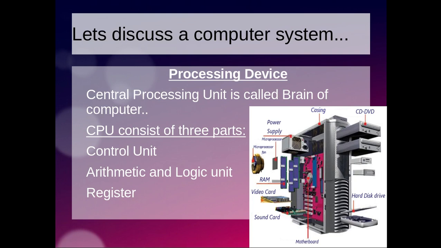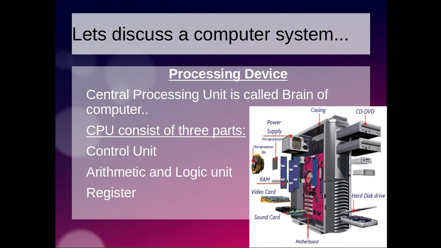Next one is processing devices, or we can say system unit. The device that processes input data into meaningful information is called a processing device. The processor is also called CPU, that means central processing unit.